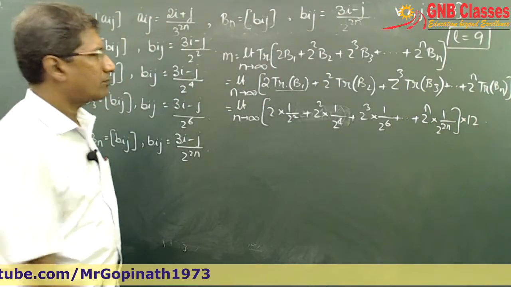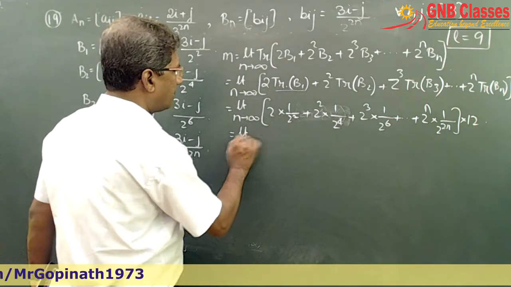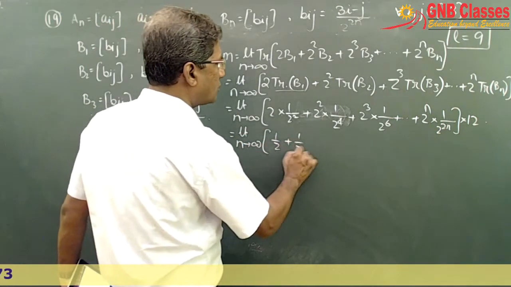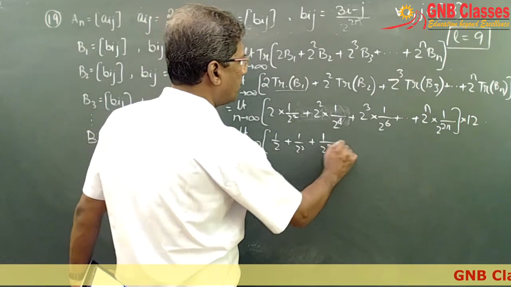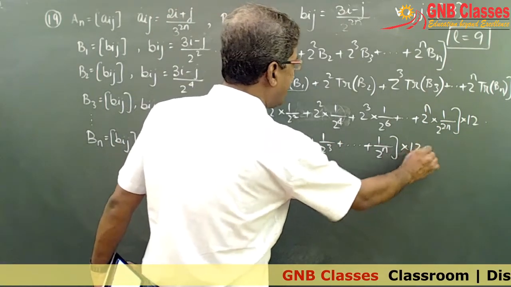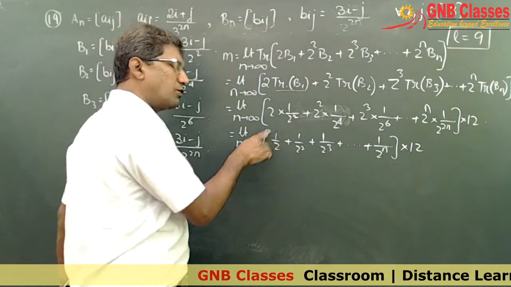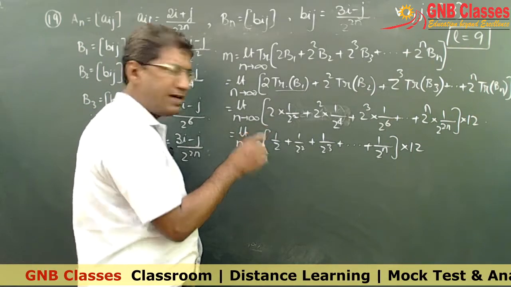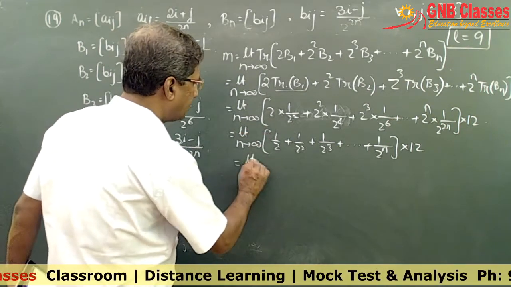Is it clear? So what we are getting is half, 1 by 2 square, 1 by 2 cube. Again it is a GP series whose first term is half and the common ratio is half, right?